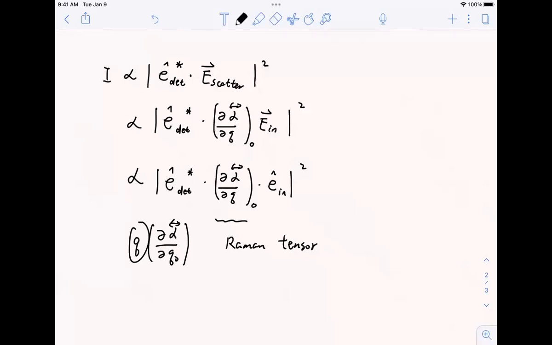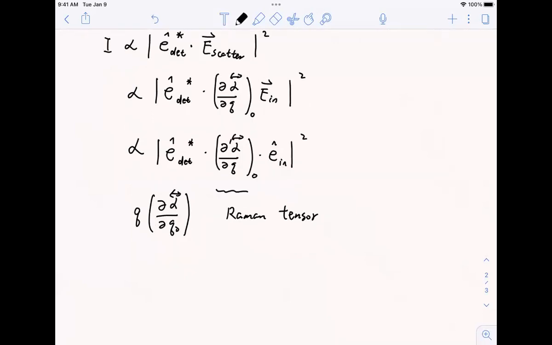With the Q or without the Q, the symmetry part comes from this. So you can call either one the Raman tensor. I forgot what the original definition is, with the Q or without Q, but it doesn't matter for our symmetry consideration. So let me simply just use R.